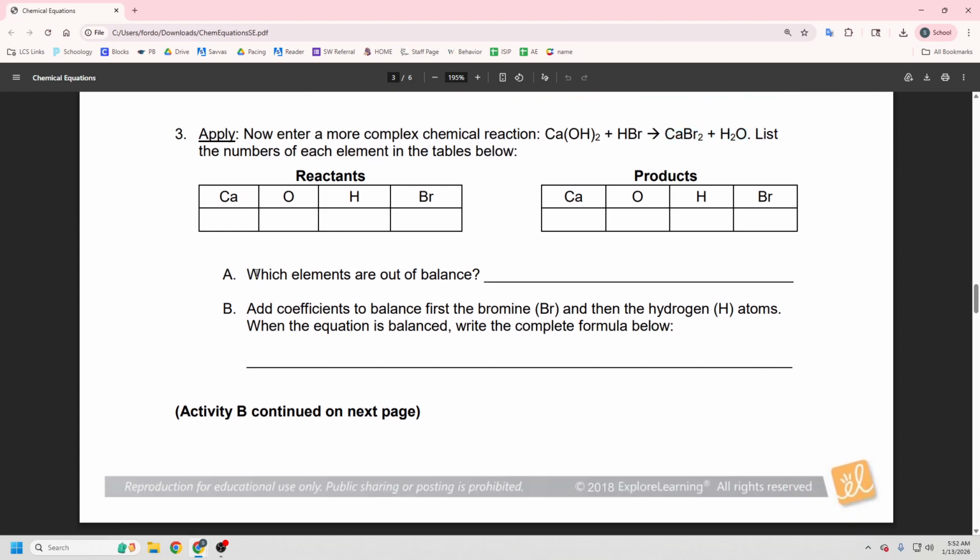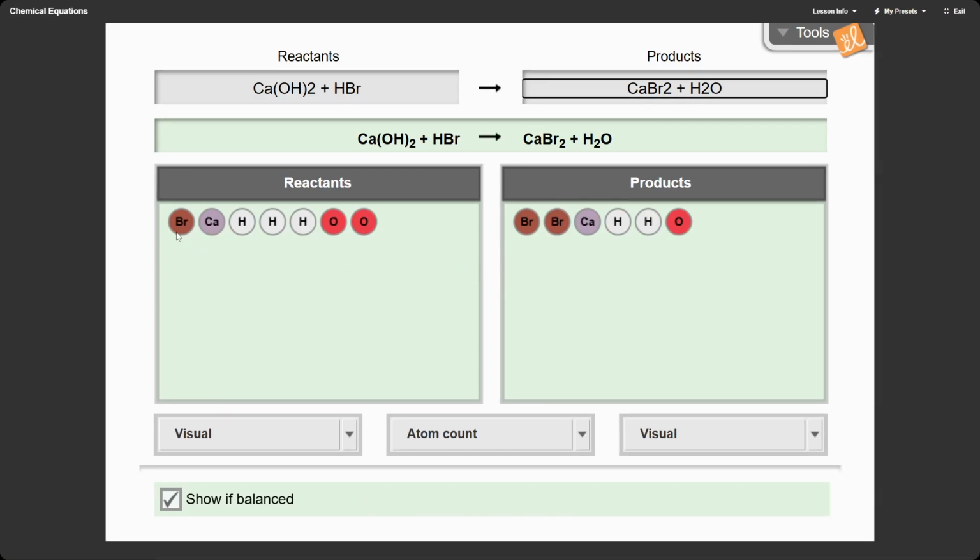So then 3A, which elements are out of balance? So go back to your chemical equation, look at which ones are not balanced. So you have your Br, Ca, H, and O. So bromine, calcium, hydrogen, and oxygen.